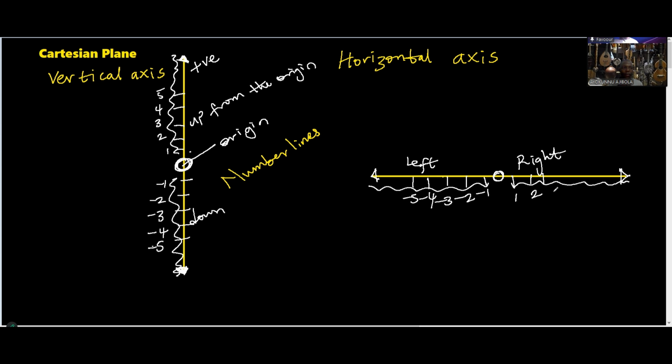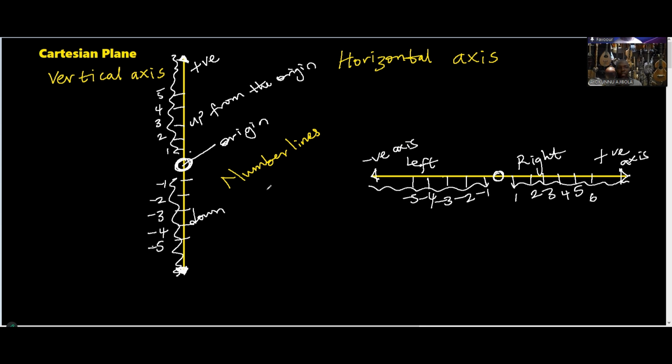Whatever numbers we have, the only thing is that we should try as much as possible to maintain equal distances between the markings. So this is the positive axis, and this is the negative axis.